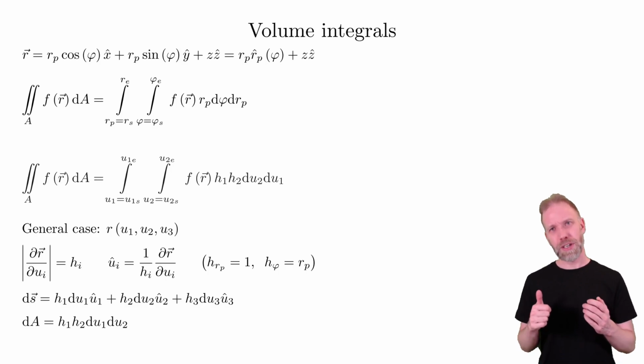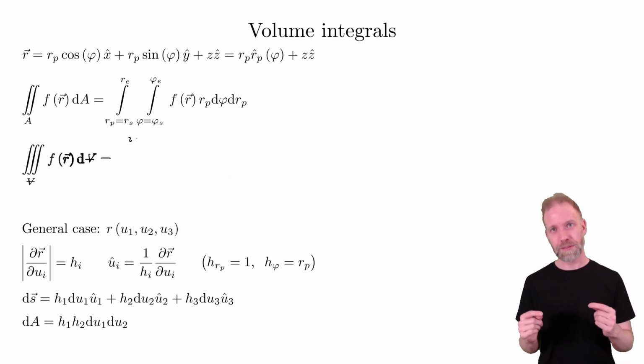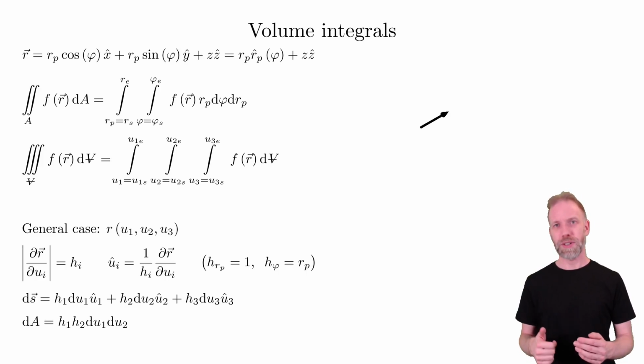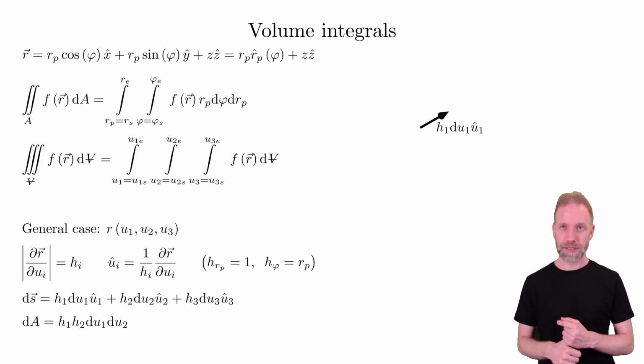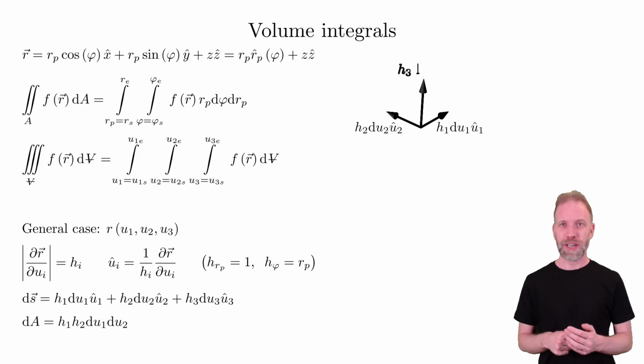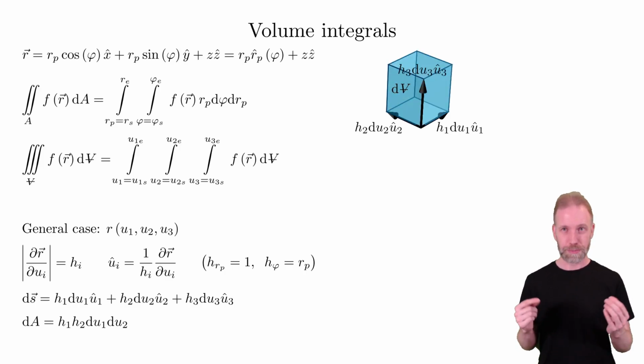To continue with triple integrals, also called volume integrals, we simply add one more direction. Start by drawing the three vectors that create the volume element. They will be given by h1 du1 u1 hat, h2 du2 u2 hat, and h3 du3 u3 hat respectively.